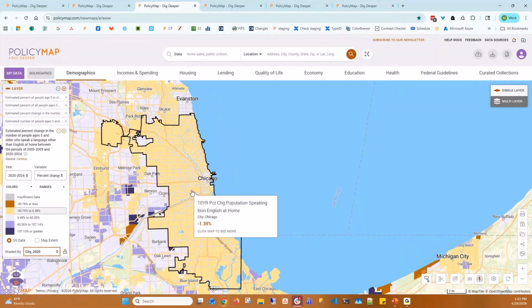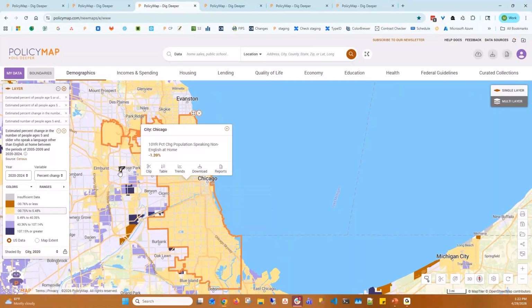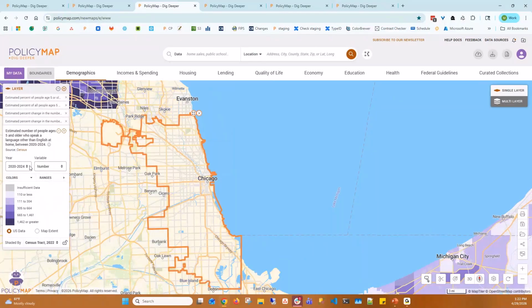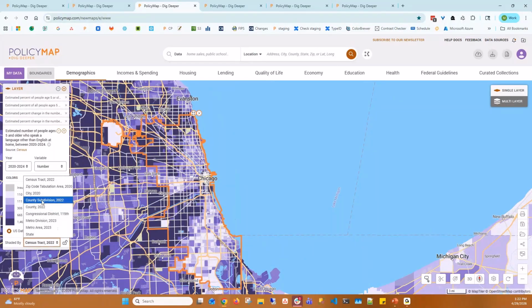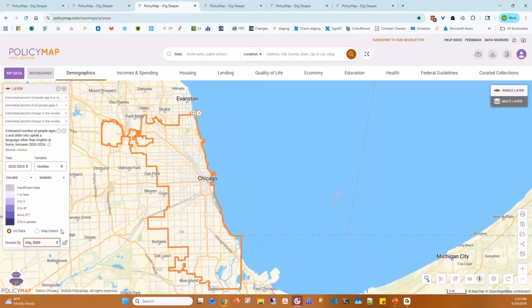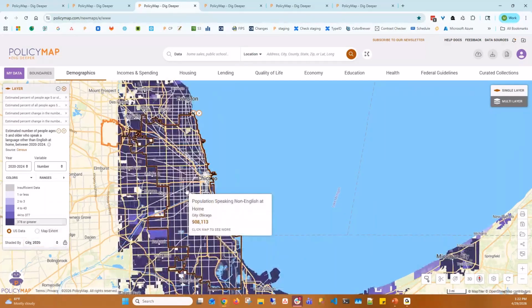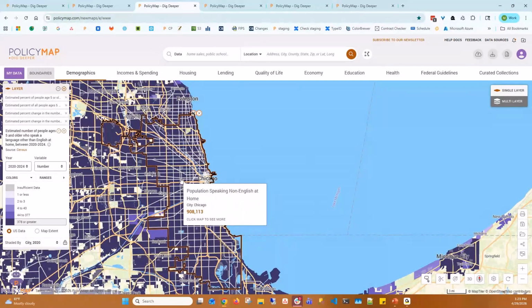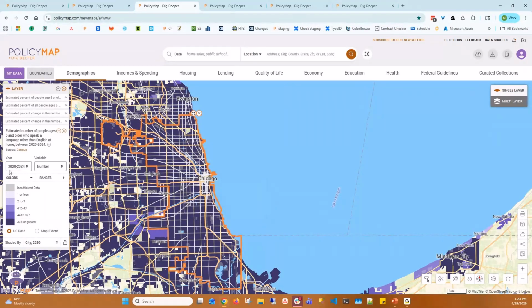And you're like, okay, great, it's decreased by 1%, but what does that mean? What were the counts prior to that? So I can come in here to the number. I can see that Chicago had a little less than 1 million people speaking a language other than English at home in 2020 to 2024.